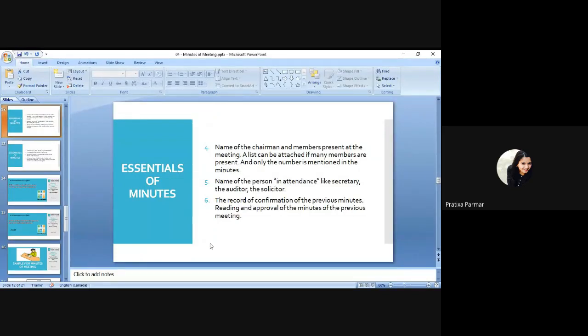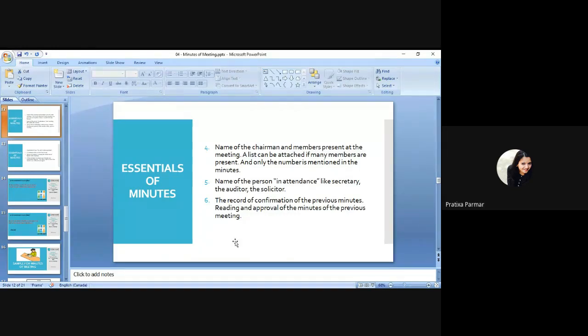Next point is the name of the persons in attendance, like the secretary, the auditor, the solicitor. If there are some people attending the meeting who hold a particular position in the organization, then it is good to address them by that position. Okay.